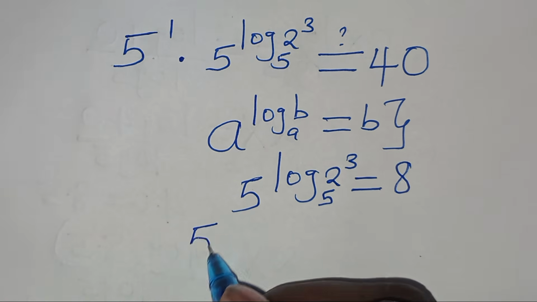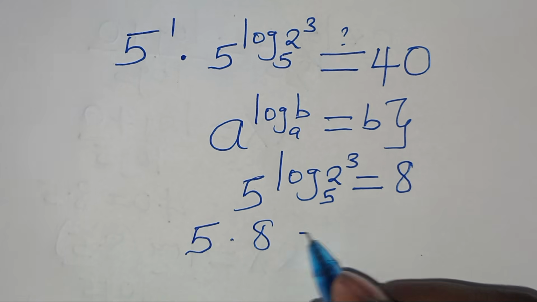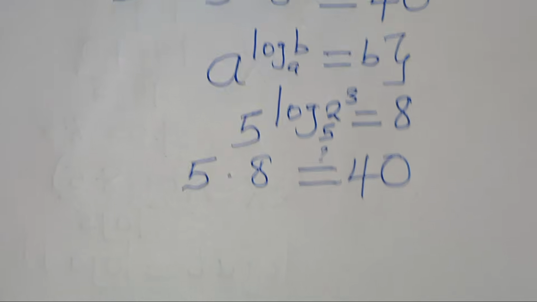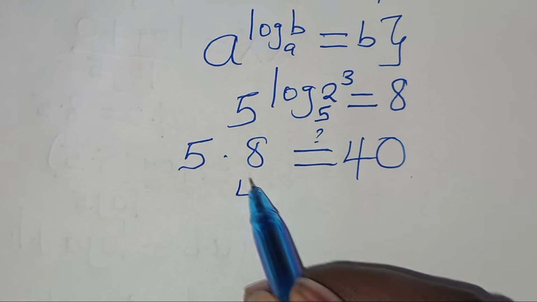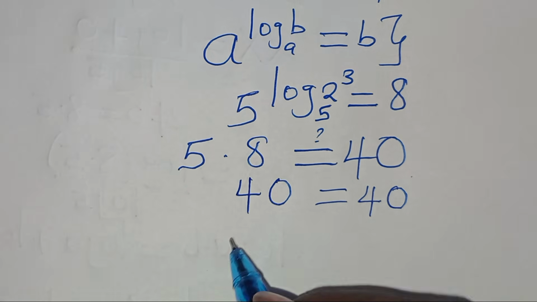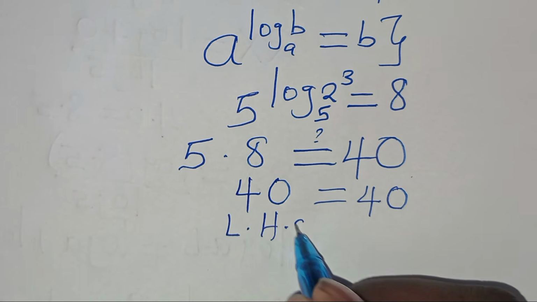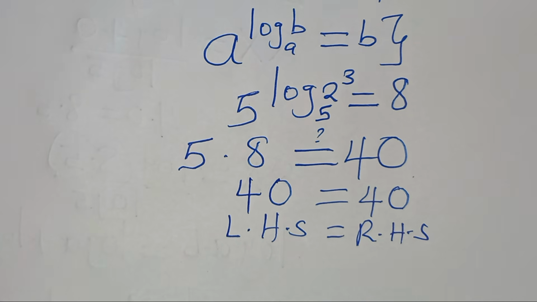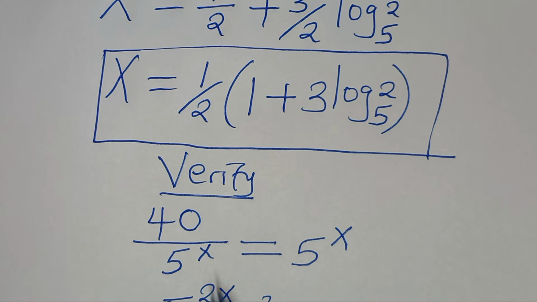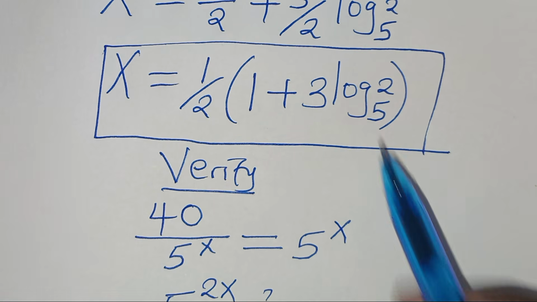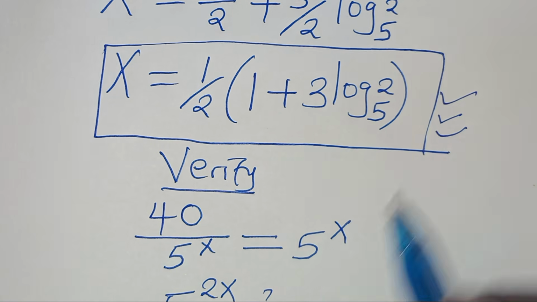So we have 5 multiplied by 8. This is supposed to give us a value of 40. So we have 8 times 5, this is 40, which is equal to 40. So this implies that the left hand side is equal to the right hand side. And this proves that the value of x, which is equal to a half into the parentheses 1 plus 3 log 2 to base 5, satisfies the equation.